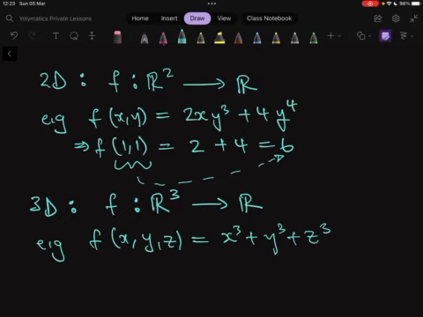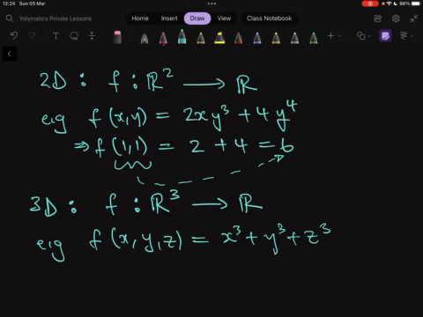Today our main focus will mostly be on two-dimensional functions, but whatever we discuss also applies similarly to three-dimensional functions. You can use the information from today's lesson to expand to three-dimensional functions.